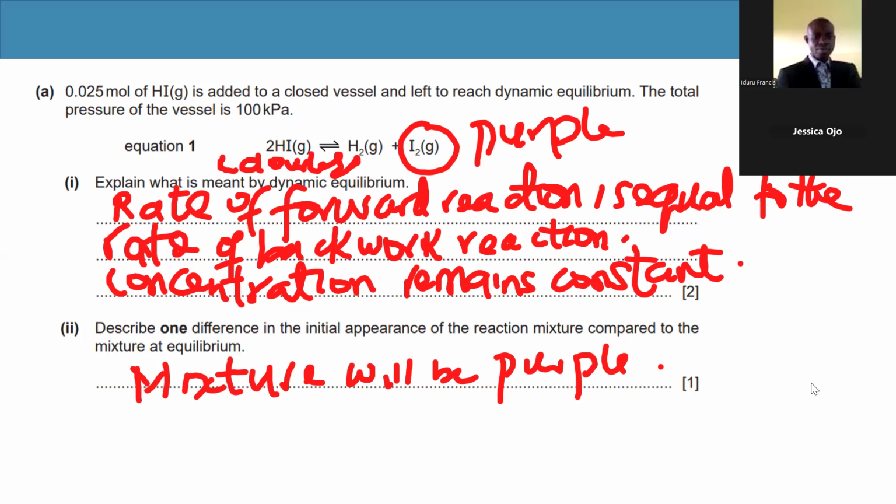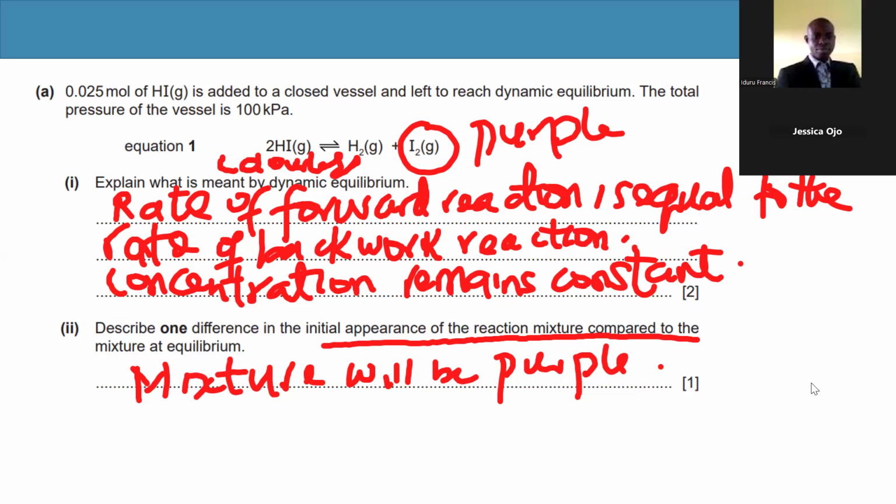So they are talking about the initial appearance of the reaction mixture compared to the mixture at equilibrium. So the mixture before equilibrium is purple. Yes, because we have colorless and purple put together. So overall, it's still going to be purple before getting to equilibrium.